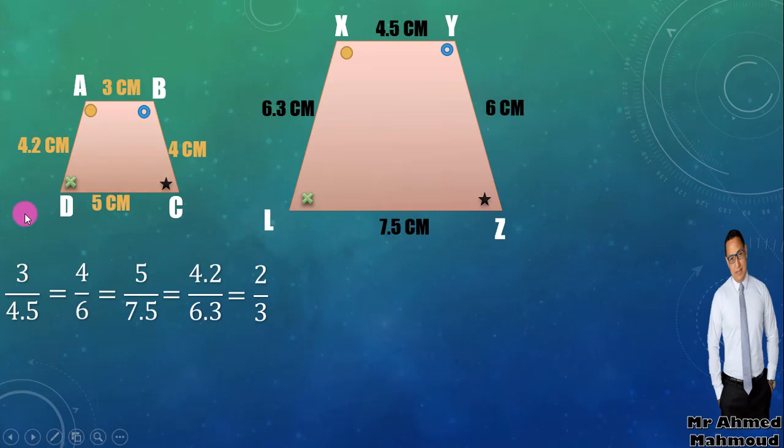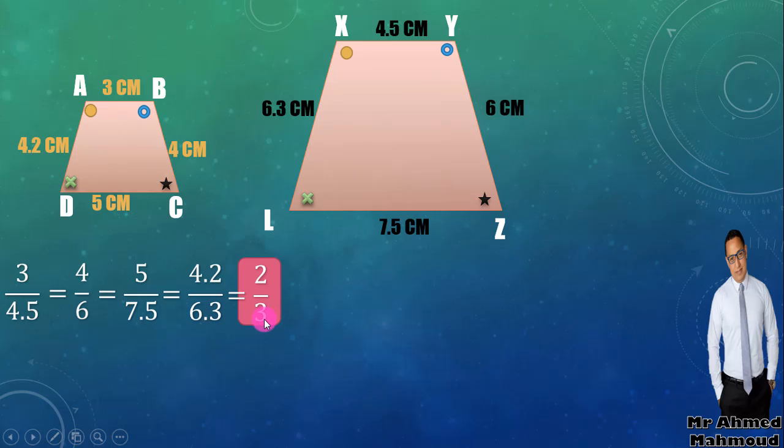We had ABCD and XYZL, and they are similar, and the corresponding angles A and X are equal, B and Y are equal, and so on. And the corresponding sides have a constant ratio: 3 over 4.5 equals 4 over 6 equals 5 over 7.5, and so on. All of them equal to the given ratio 2 over 3.